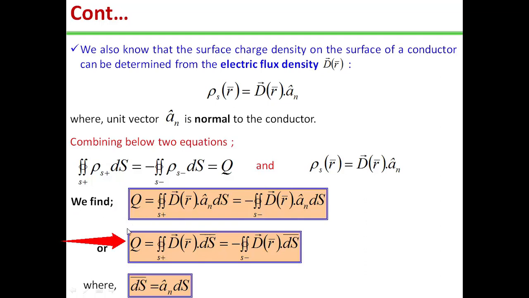We can also write simply Q is equal to the surface integral over S plus of D dot ds, and this will be equal to minus the surface integral over S minus of D dot ds, where vector ds is equal to an ds.